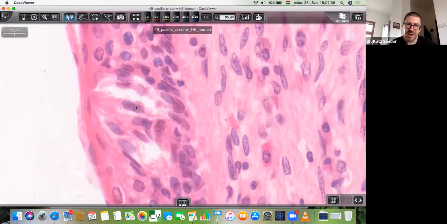A little bit darker cells also belong to the supporting cells, and at the bottom, maybe these are the basal cells. These are stem cells. Okay, stem cells, basal cells, supporting cells, and sensory cells in the taste bud.